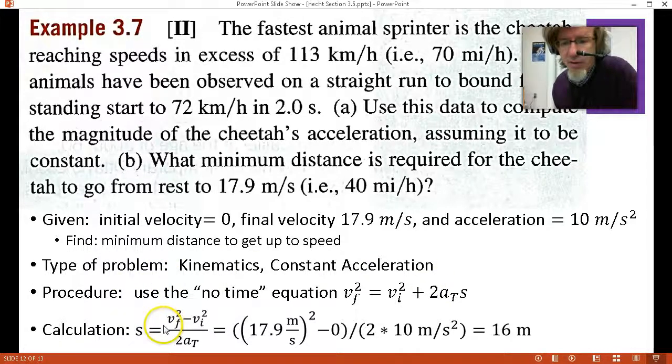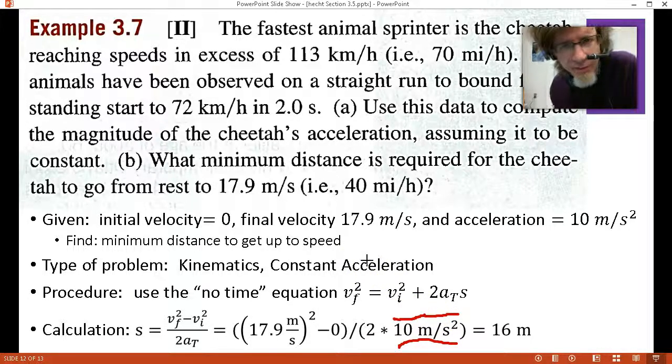So take some of these numbers, plug them in. Your final velocity 17.9 squared, initial velocity 0 squared, divided by the acceleration. This right here was the acceleration that I had in the previous problem, 10 meters per second squared. That you can assume if you're given problems like this all together, and we're dividing by 2.